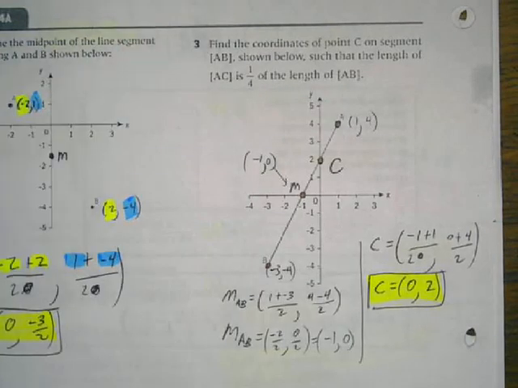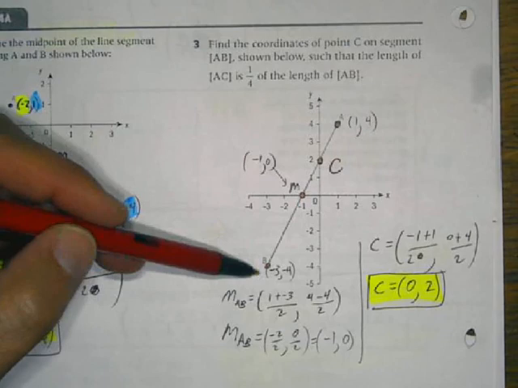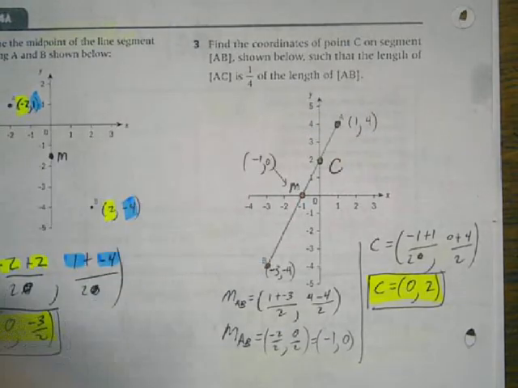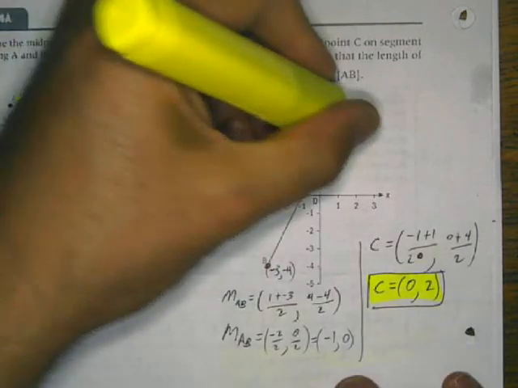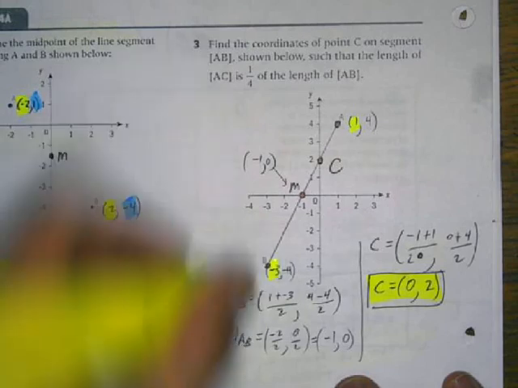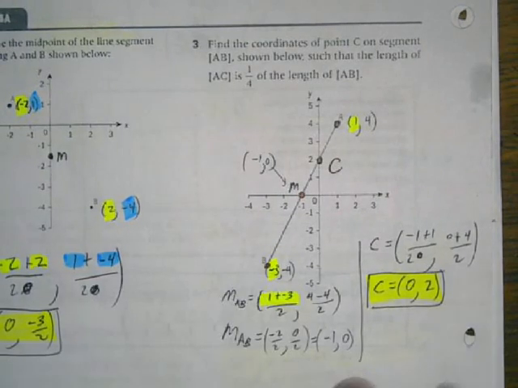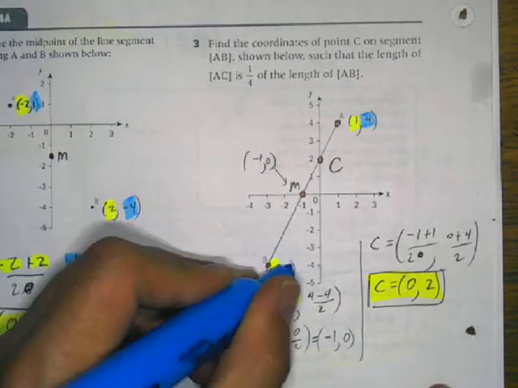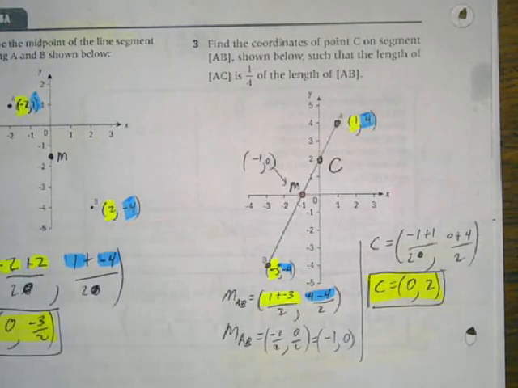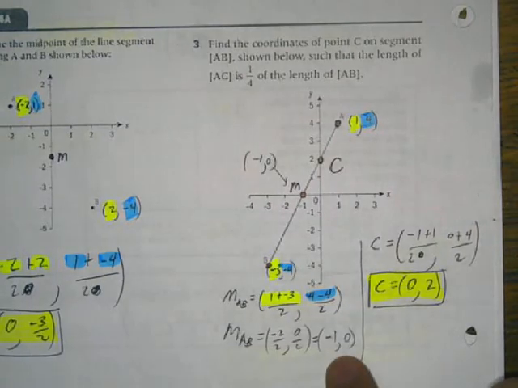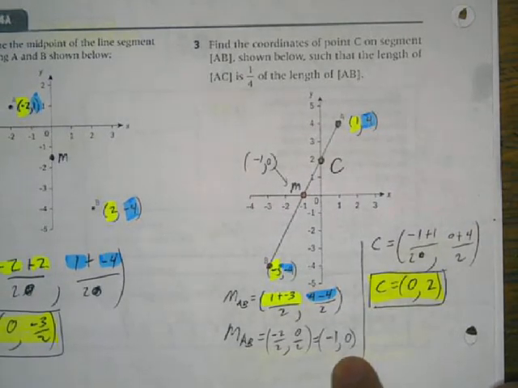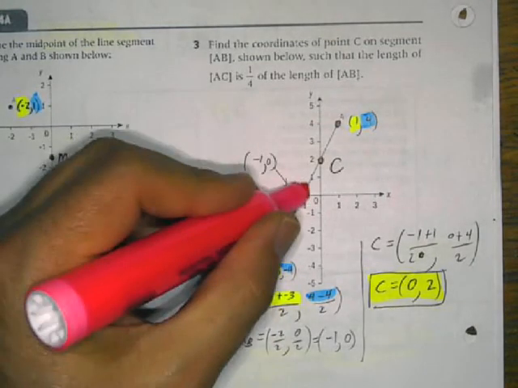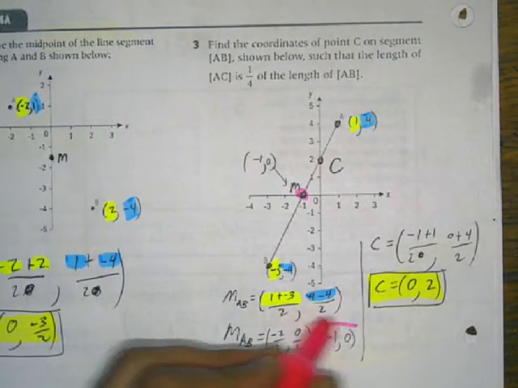So the very first thing I did was I found the midpoint from A to B. So to find the midpoint, I took the x values and I took the average of them, and then I took the y values and I found the average of them, and then I found that the coordinates of M, the coordinates of this point right there, is -1, 0.